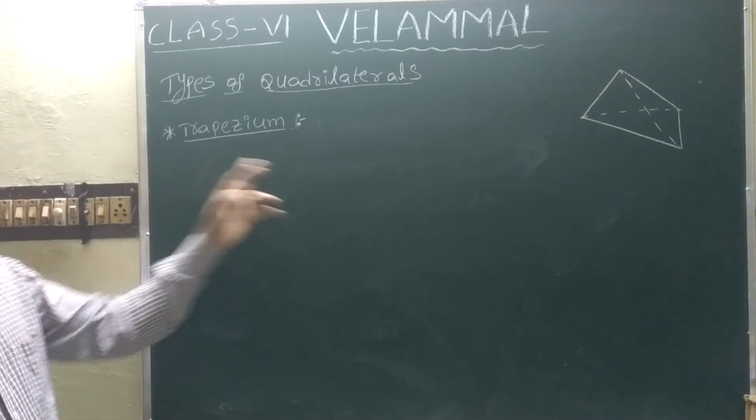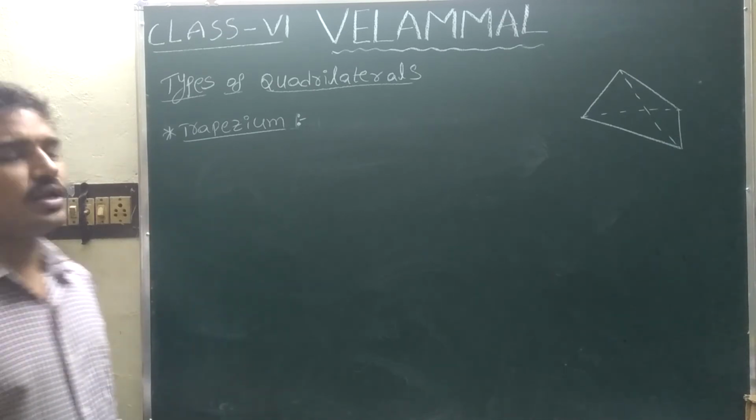Next we have one more type of quadrilateral, that is the trapezium.